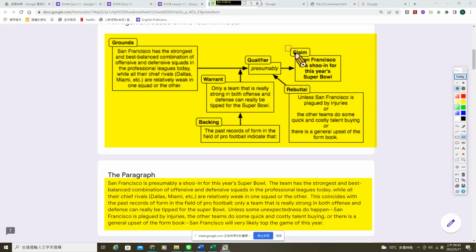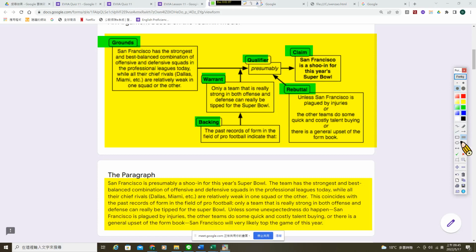Did you see this? This is a claim. We have grounds, right? And we have a warrant to support the logical link. And we have a backing to support the warrant. And we have a rebuttal, some opposition, some reason that may nullify the claim. So rebuttal and also a clarifier.